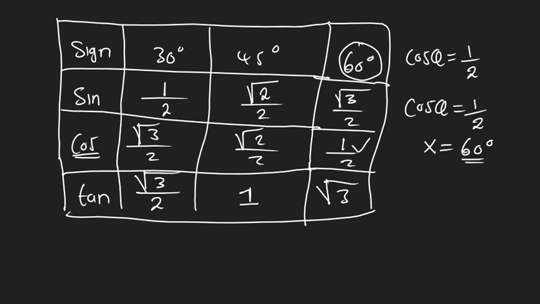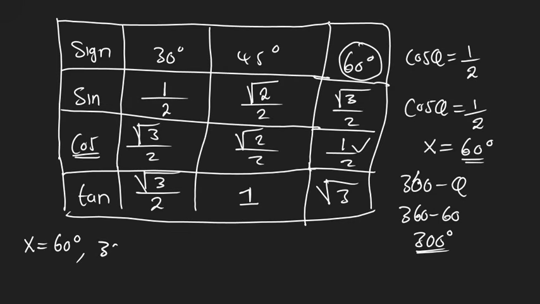It's in the fourth quadrant, and in the fourth quadrant, that's where you have 360 minus theta. So just say 360 minus 60, and then you're going to get 300. So your values of x are going to be x is equal to 60 degrees, then 300 degrees.